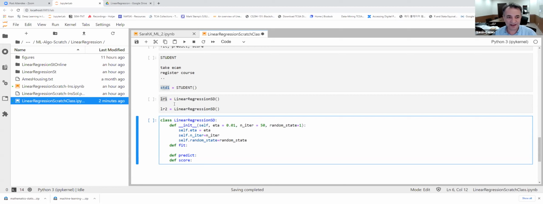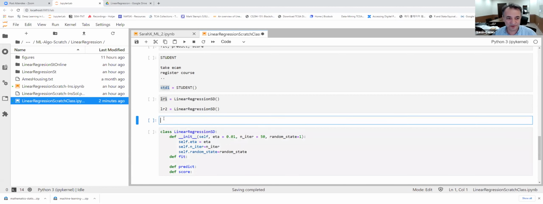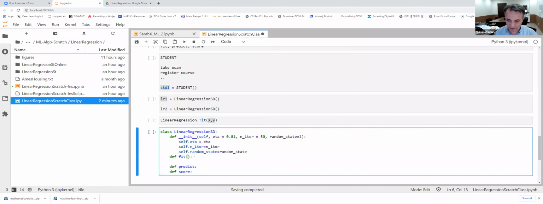When you fit, if you go back to scikit-learn's linear regression, remember, when you fit, what you need is the data set and its label. So these are the parameters of the fit method. Always when you are defining a function inside a class, the first parameter is self, all right? And then X and y. Again, X is our data set, y is the label.